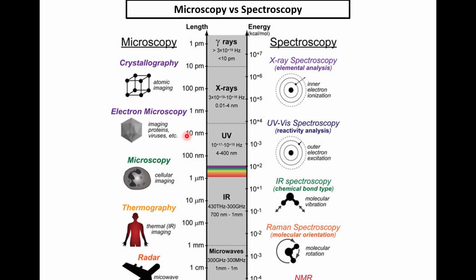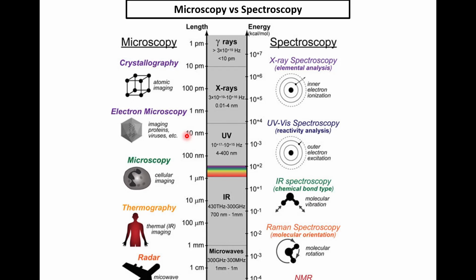Now, which kind of electrons? Some electrons are the innermost electrons, near your nucleus, and some are present in the outer shells. Normally in X-ray spectroscopy, it is the innermost electrons that get excited and go to the higher energy level.